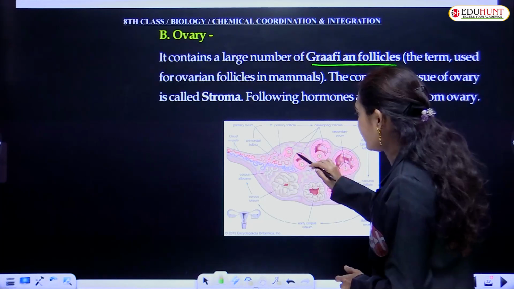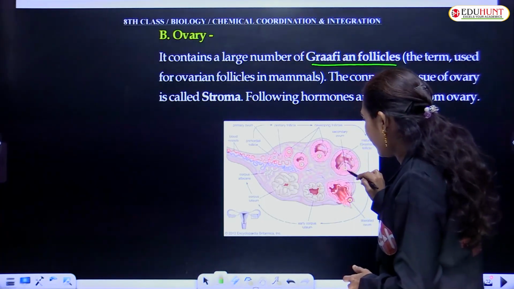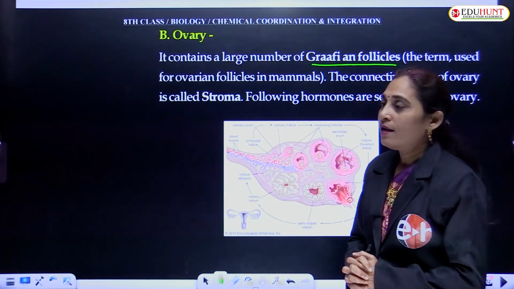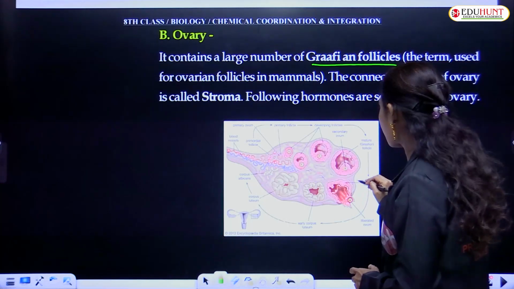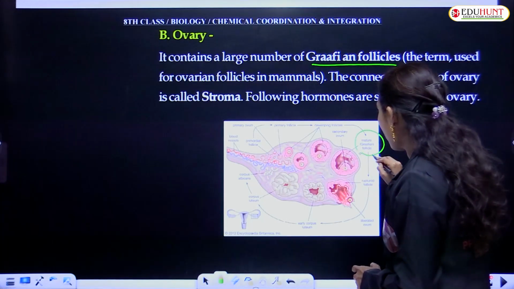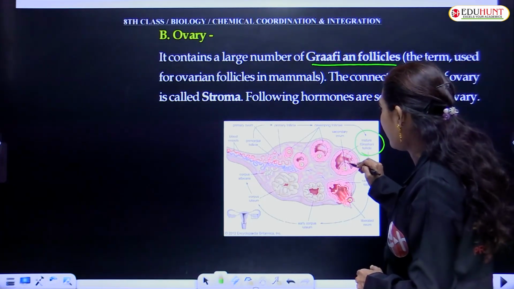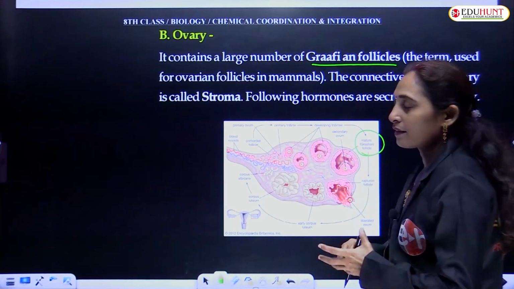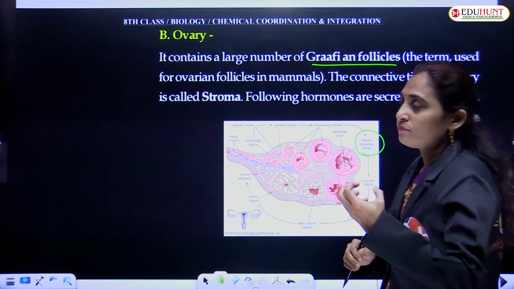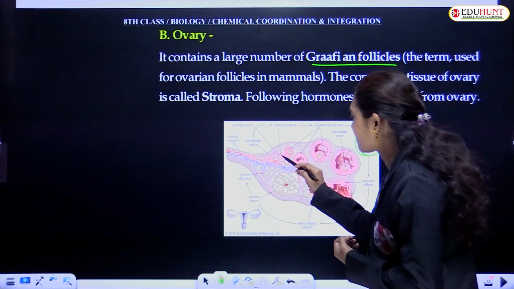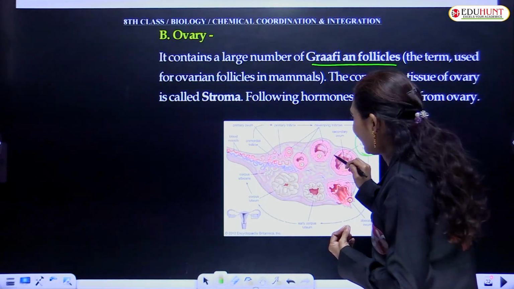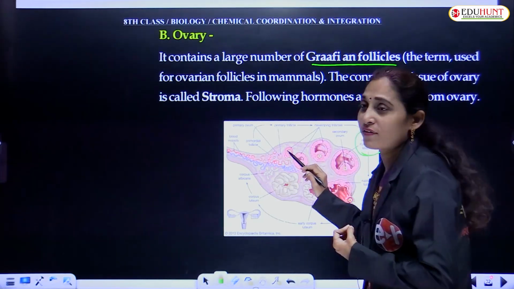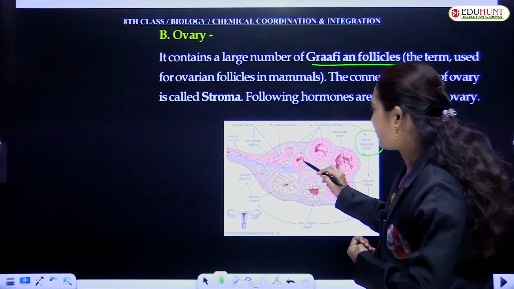You can see the development of the egg inside the follicle. The mature follicle is called the Graafian follicle, which carries the egg. These are the various follicles at different developmental stages.